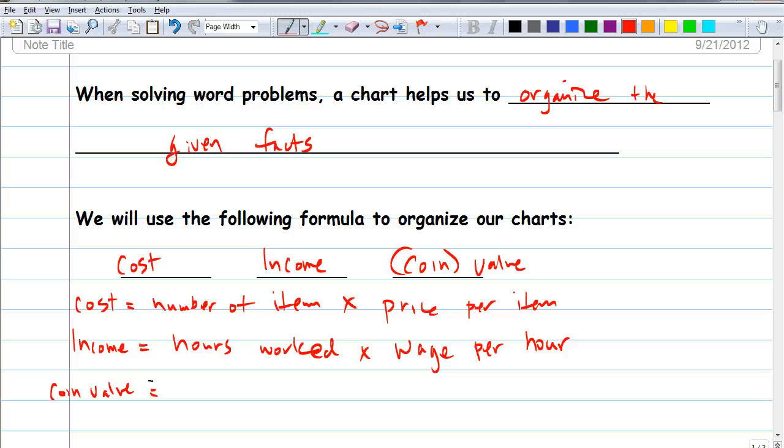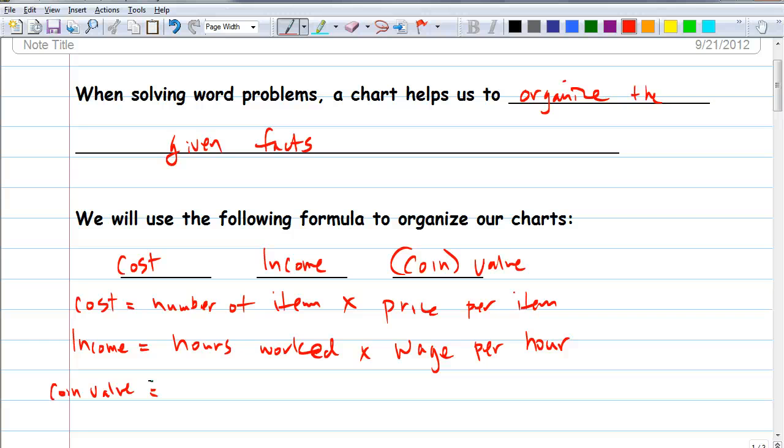You're right. For example, if I have 2 quarters and a dime, how much do I have? 60 cents, right? How did you figure out the coin value?